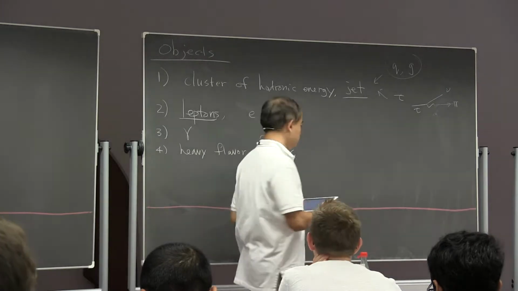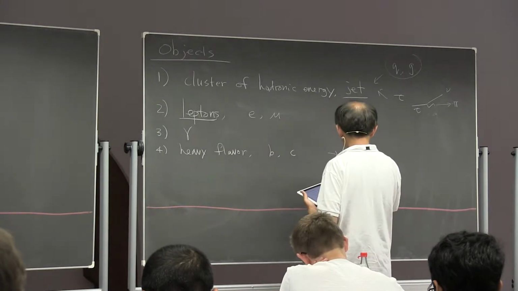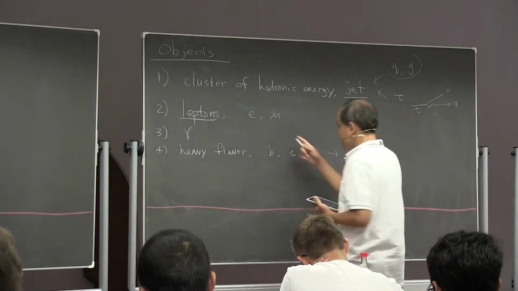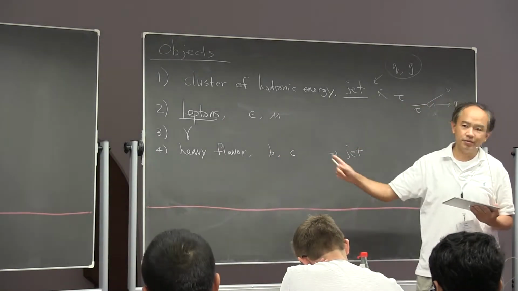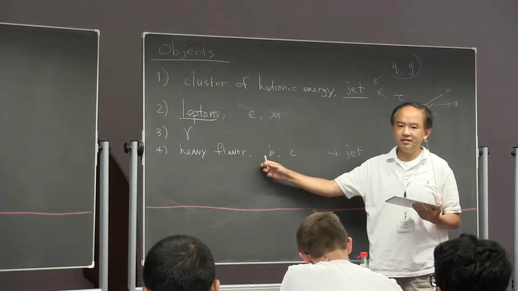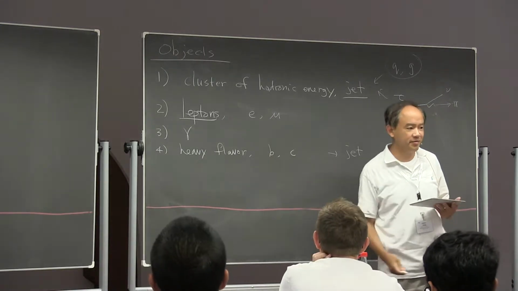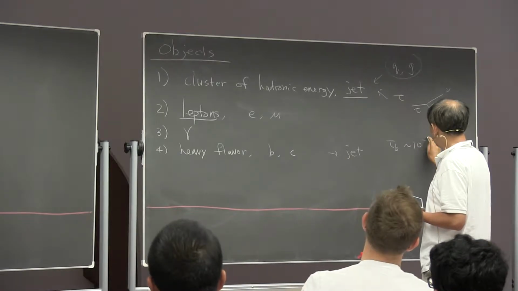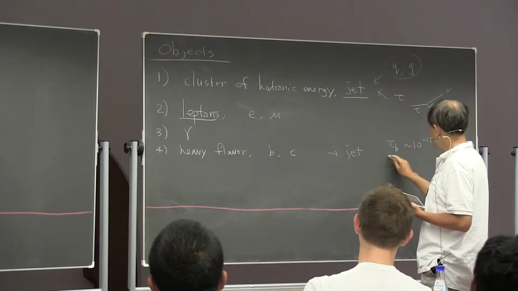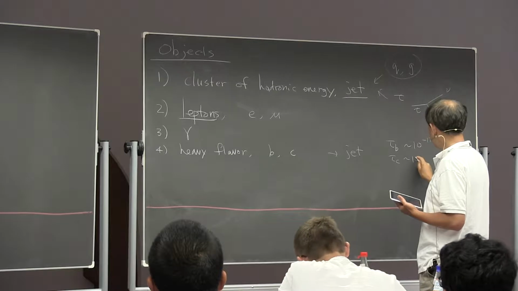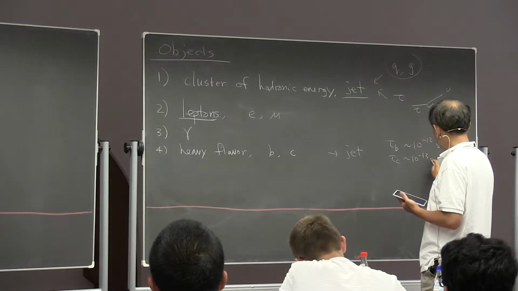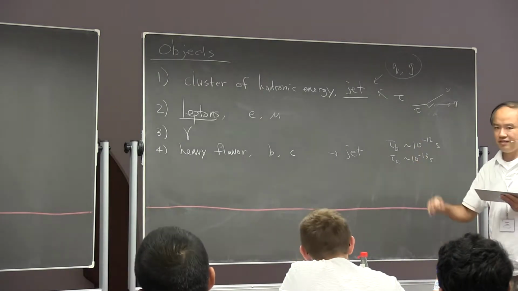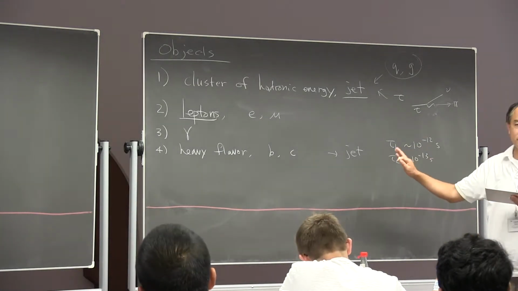What they do is they give you a jet, but they also have a lifetime. Well, everybody has a lifetime, but these have an interesting lifetime. Tau of B is about 10 to the minus 12 second, where tau of c is 10 to the minus 13 second. They are not that different. These are just rough numbers. You can look them up.